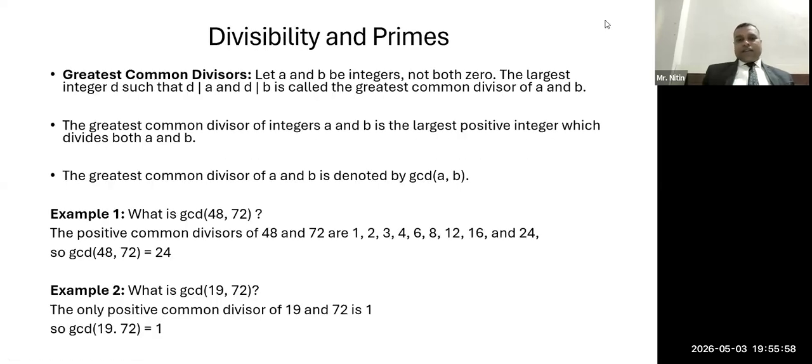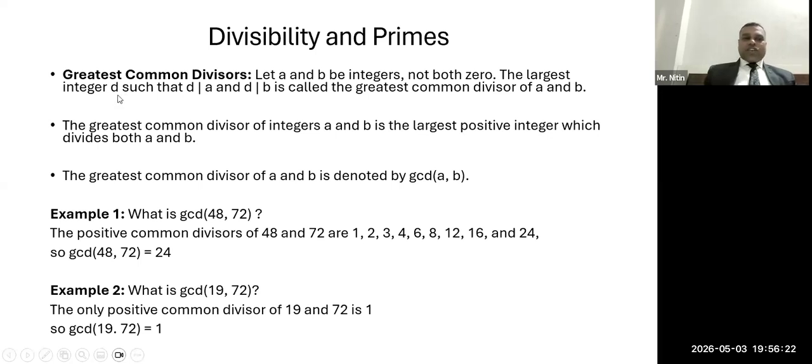Greatest common divisor. Let's understand. There are two numbers, and these are integers. Let a and b be integers, both non-zero, meaning these numbers are not zero.